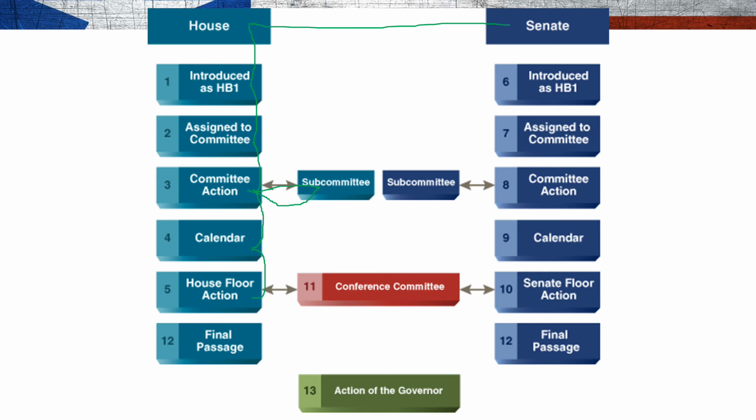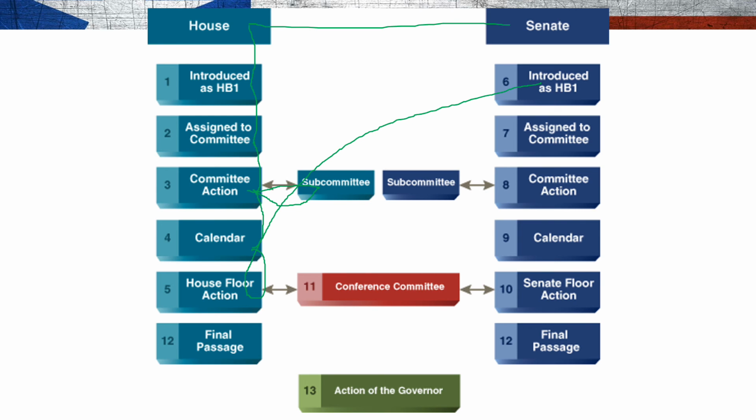But assuming that the House passes the bill, then the bill would be sent to the Senate. And so it would be introduced to the Senate as House Bill whatever number, because it was a bill that originated in the House.